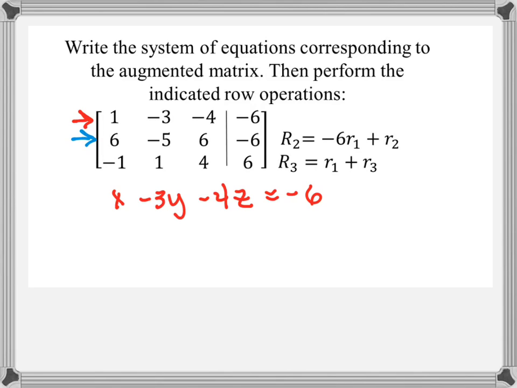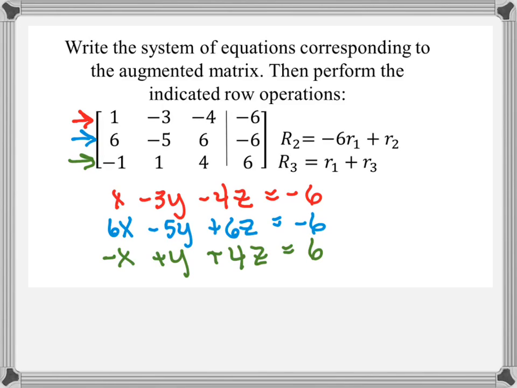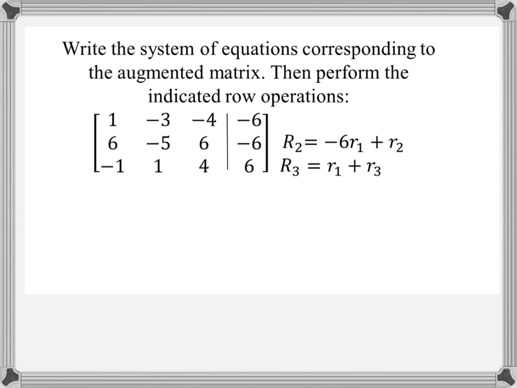The second row corresponds to 6x minus 5y plus 6z equals negative 6. And our third row corresponds to negative x plus y plus 4z equals negative 6. So that's the system of equations. Now let's perform the indicated row operations.